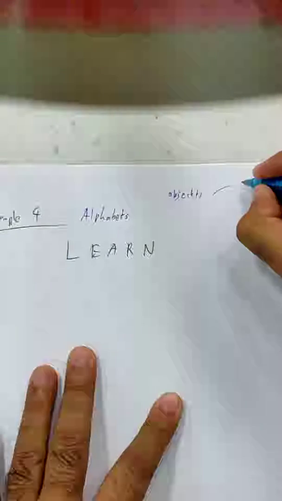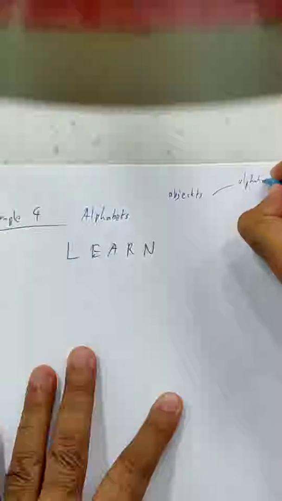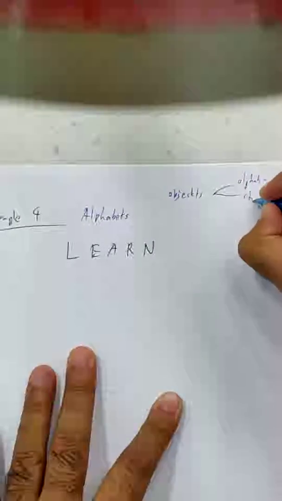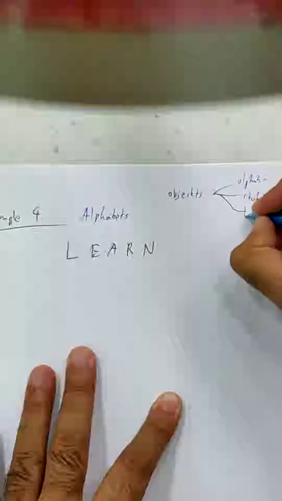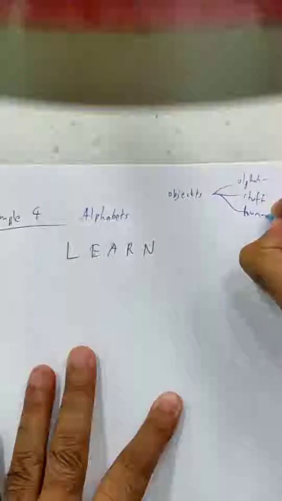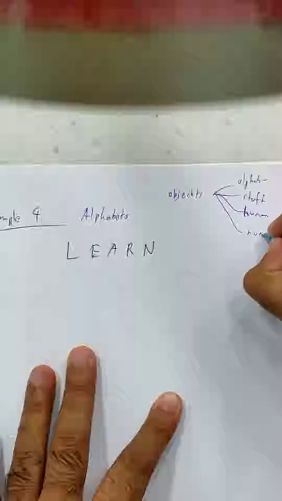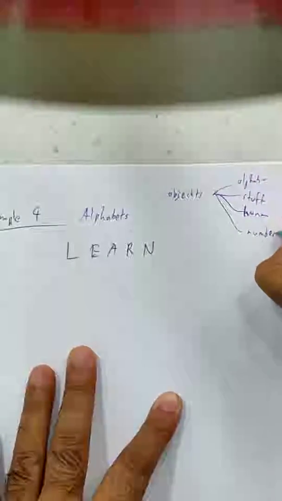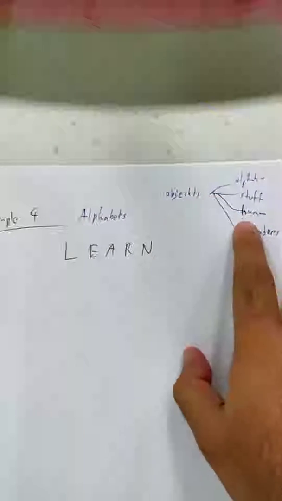It can either be alphabets, stuff, human, or numbers. These are common examples. So for this one, we go for alphabets. Okay, how many objects do you have there? 5. Okay, 1, 2, 3, 4, 5, learn. And I want to say how many ways can we arrange them?